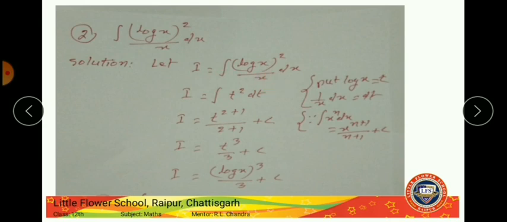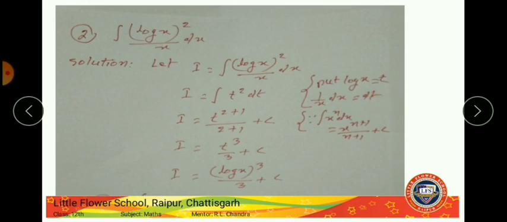We have to select t in all the problems of substitution, or any question in integration. We have to change the question into integrable form. For this purpose, we consider t. Here, if we put log x equal to t, then the differentiation of log x is 1 upon x, so dx upon x is equal to dt.